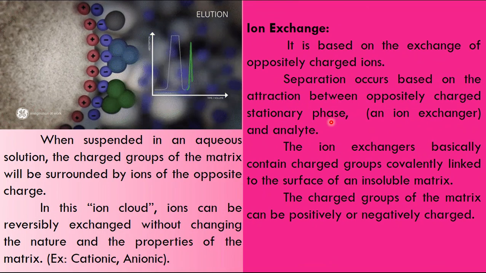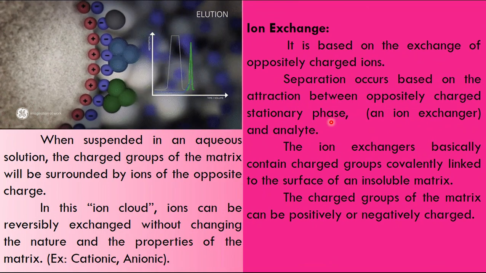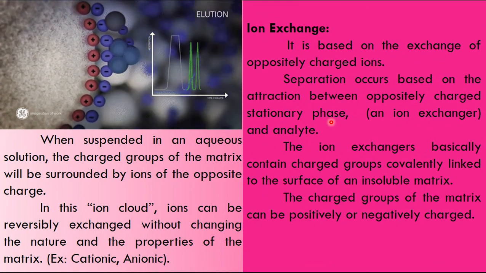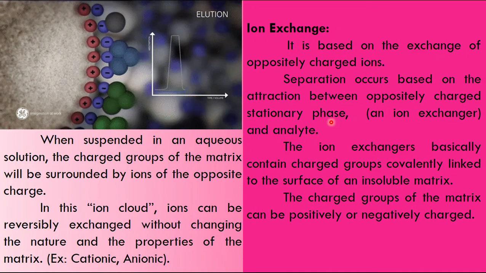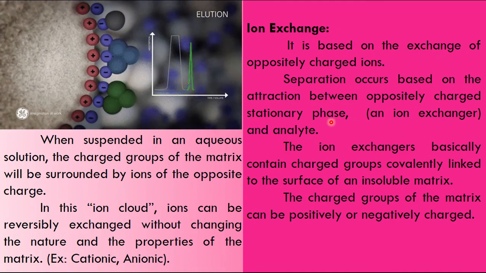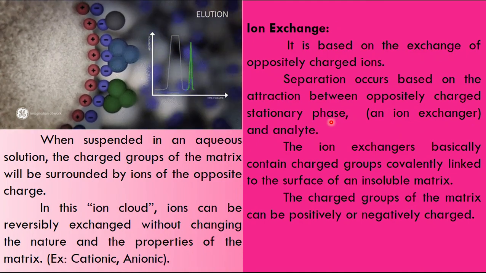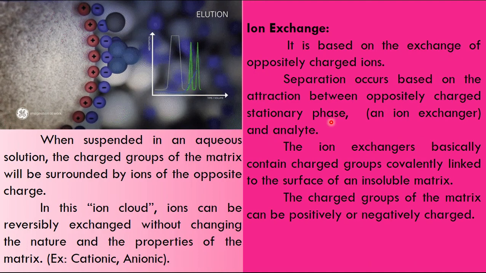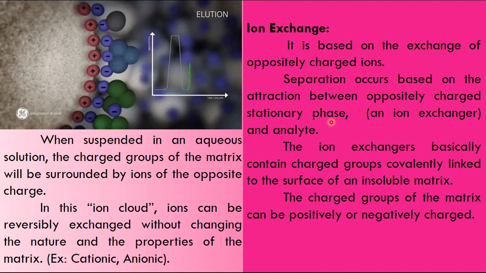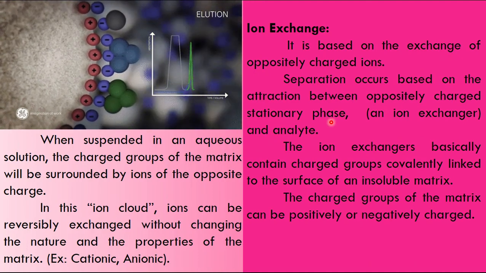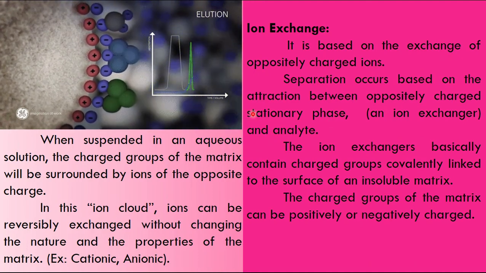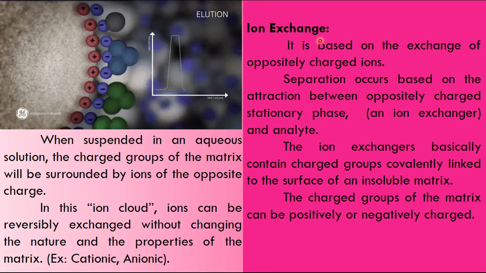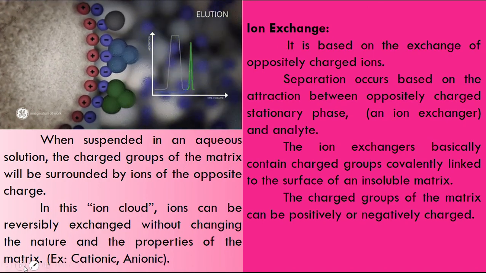If the stationary phase is anion in nature, then the analyte we have taken should be cation in nature. Then only the separation process will occur. Then only there is a possibility for the process of separation. These ion exchangers are available in two types, that is cation exchanger and anion exchanger.